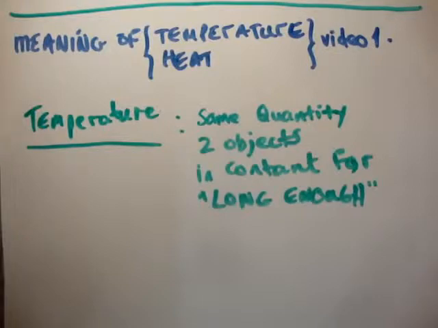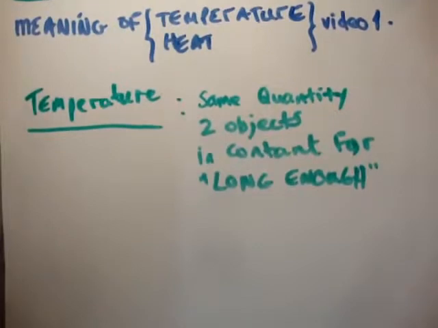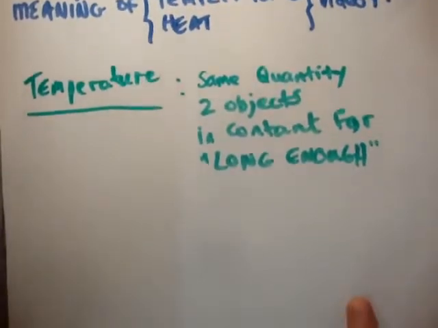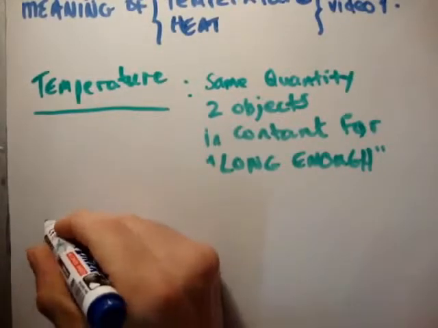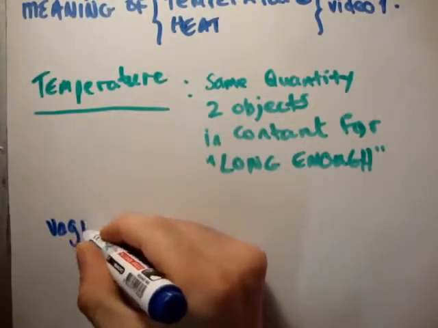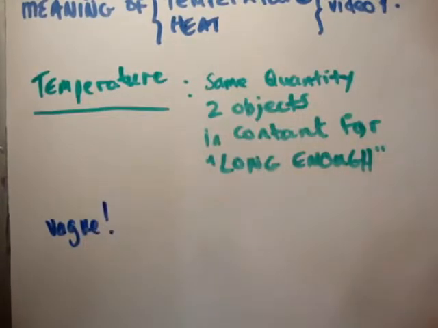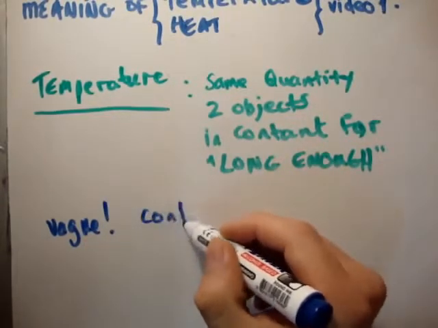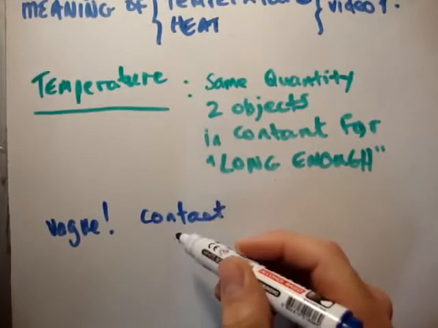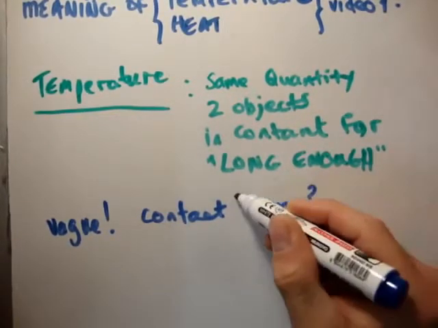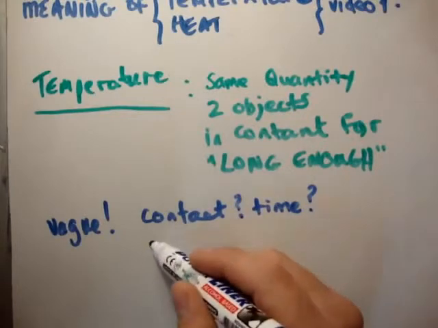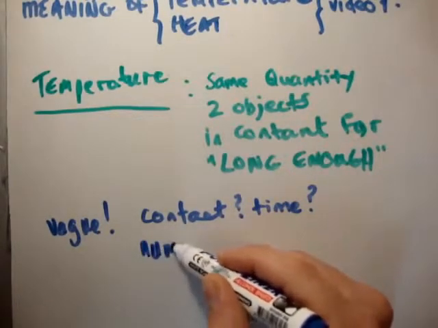Now you should immediately have some questions. You should be saying to yourself, well, surely this is a very vague description of temperature, because it's definitely not a definition. So we'll say it's vague. And the reason it's vague is because, well, what does contact mean? For how long? What is the numerical value of temperature?